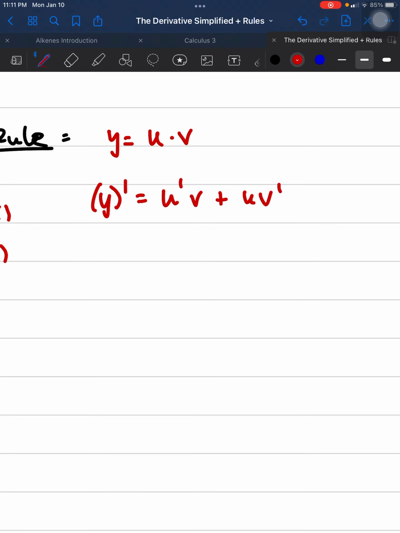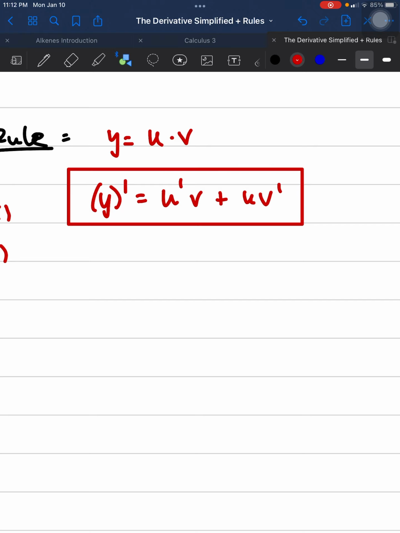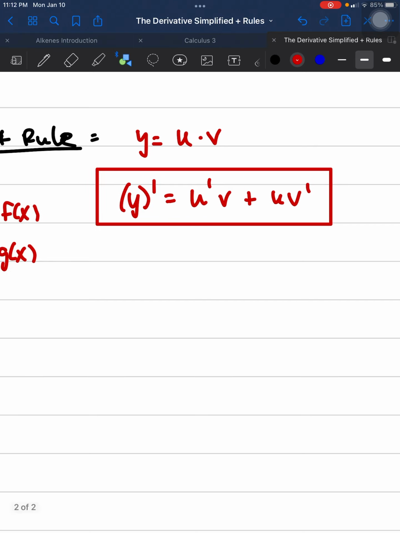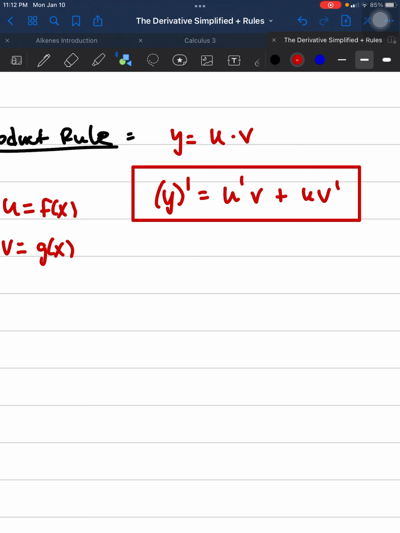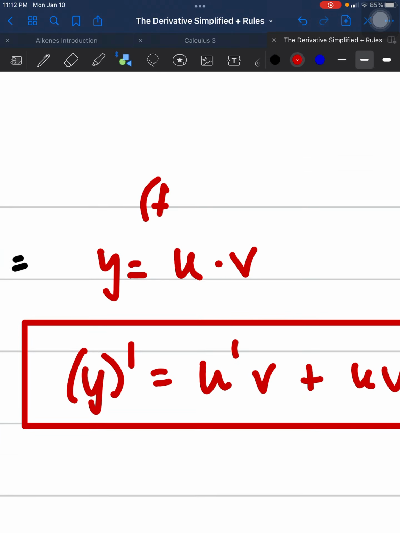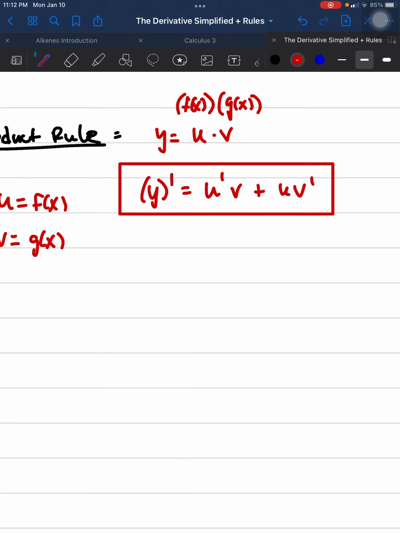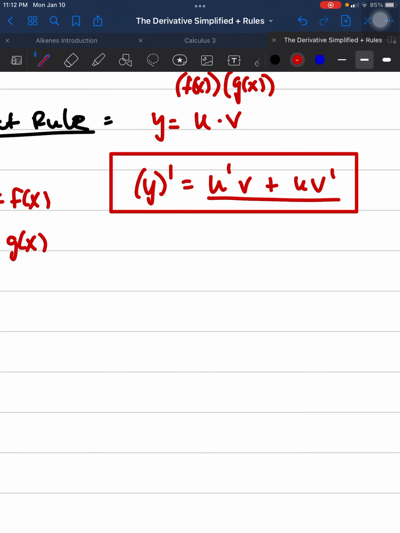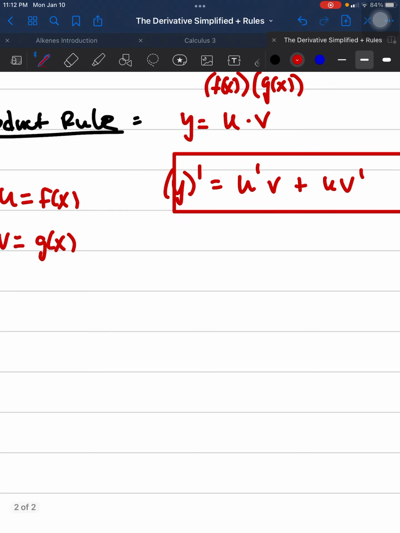This right here is the product rule, and it's basically saying that to find the derivative of u times v, which is f of x times g of x, we apply this rule.